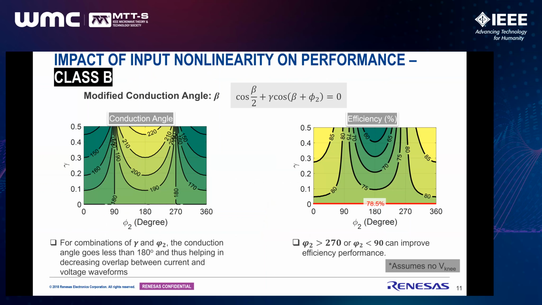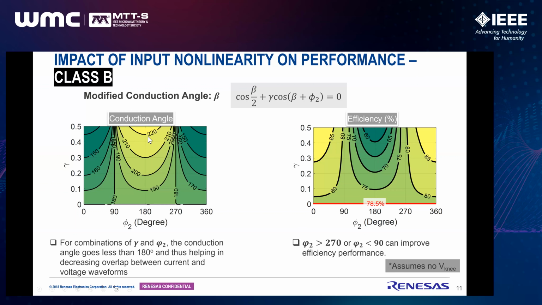Here is one example. We start from class B operation, so the nominal conduction angle is 180 degrees. Now if we change gamma from 0 to 0.5, for example, and phi2 from 0 to 360, we see that different combinations of gamma and phi2 can change the conduction angle to different values starting from 180.